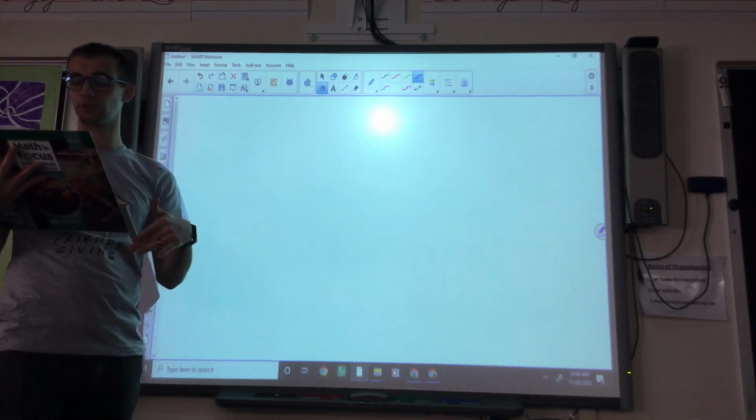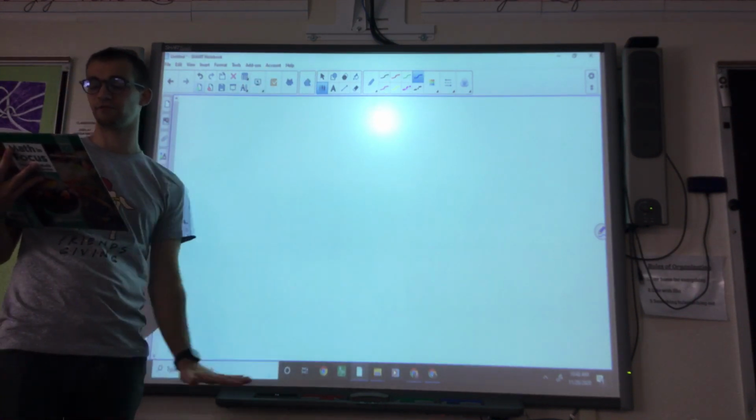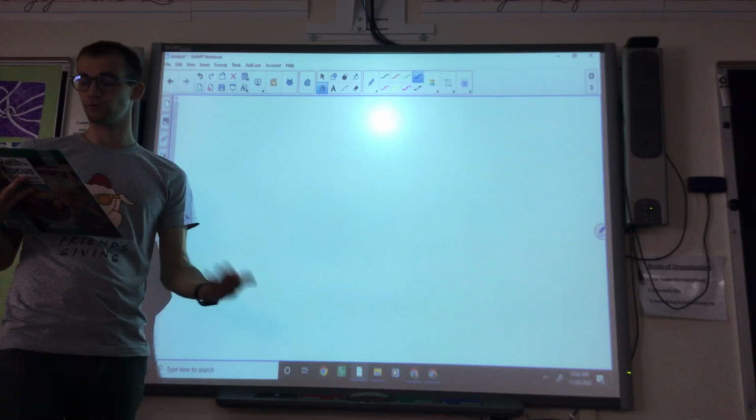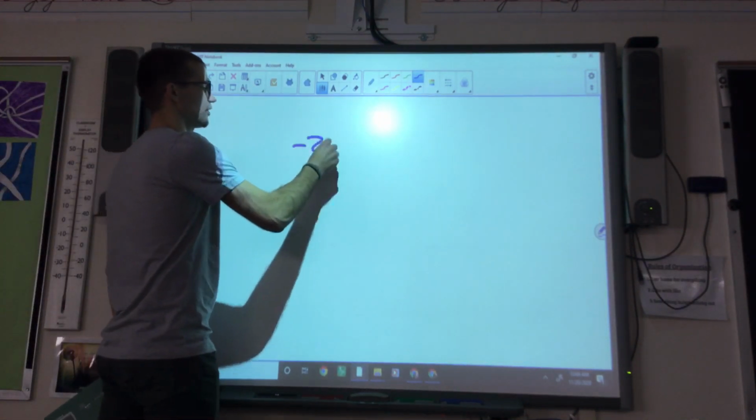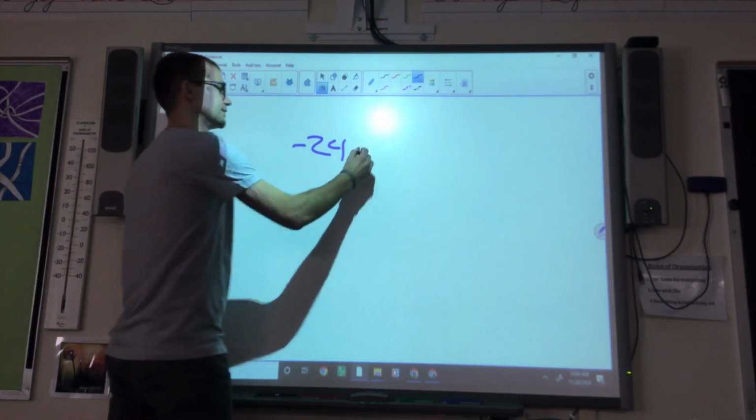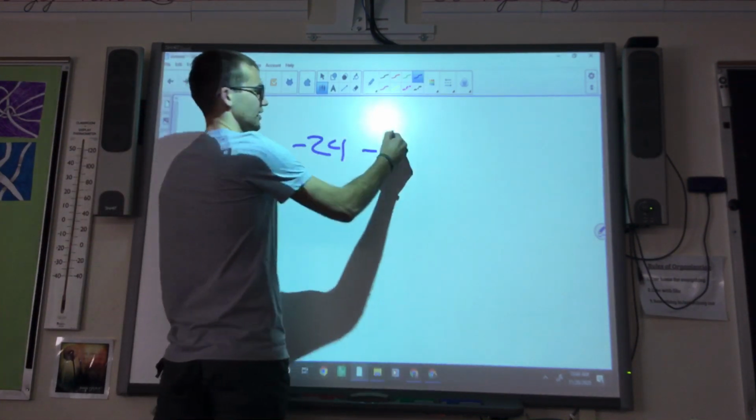A diver went 24 feet below the surface of the ocean and then 47 feet further down. What's the diver's new position relative to the surface? So a diver went down 24 feet and then he went down 47 more feet.